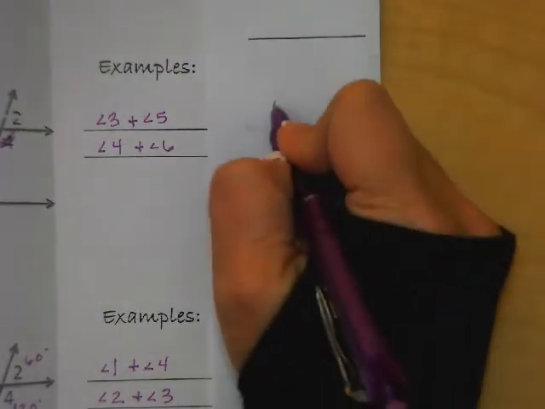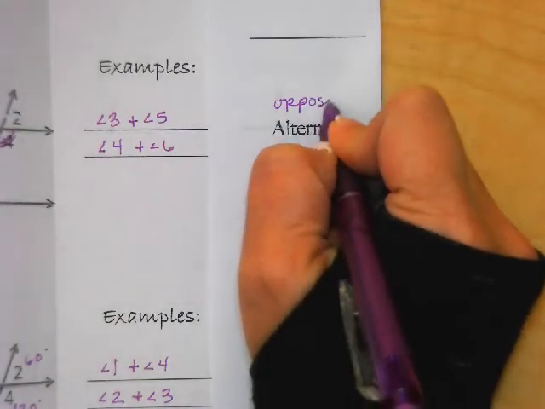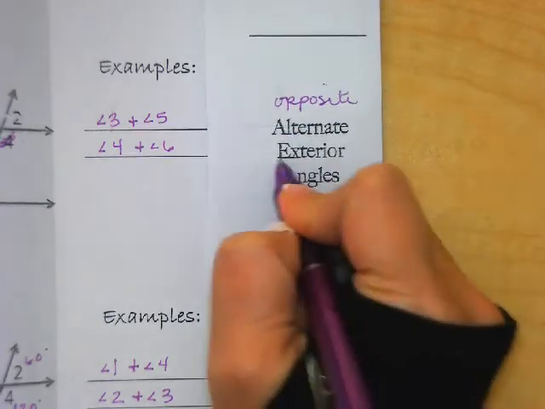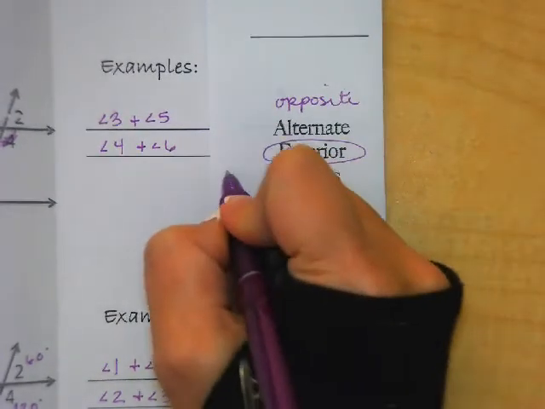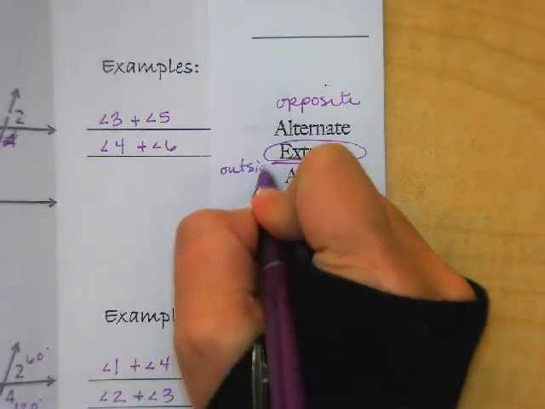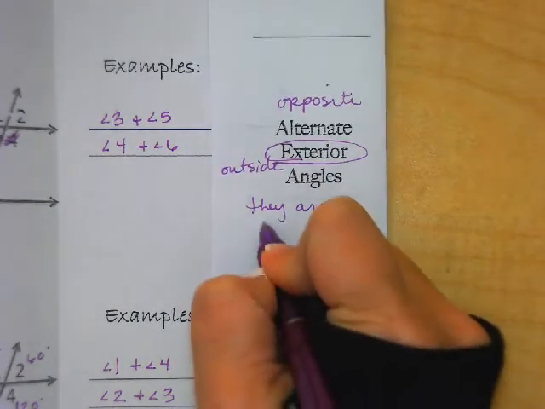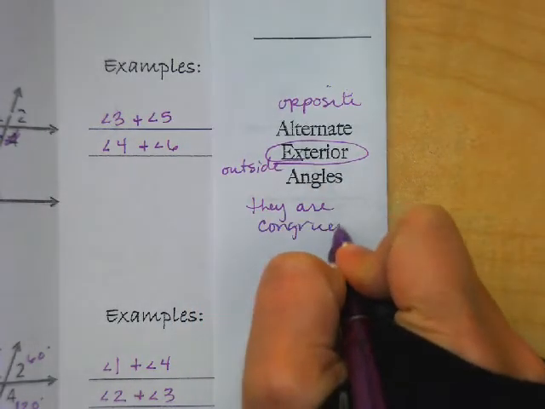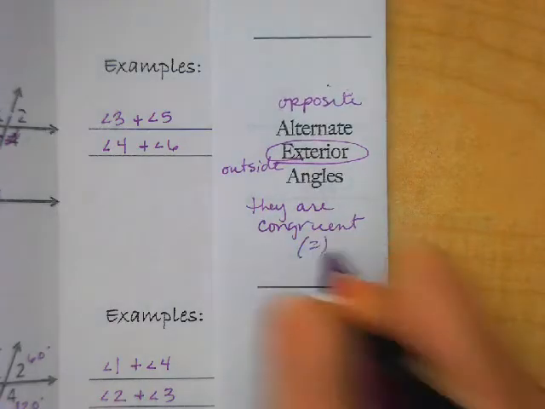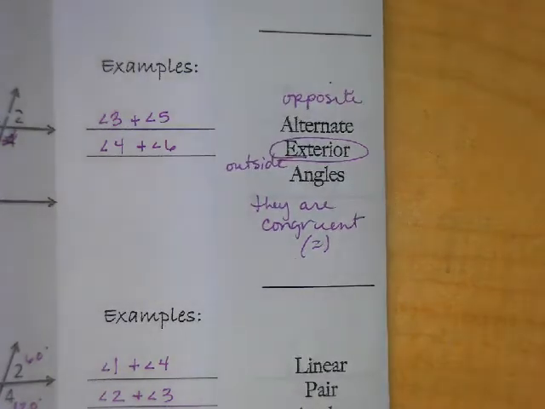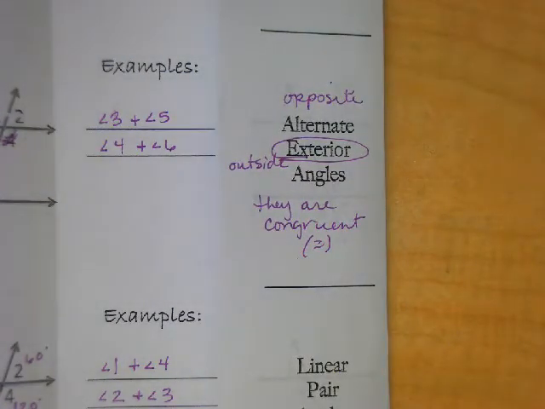Alternate, again, opposite side of the transversal, but this one is exterior, so this is outside of the parallel lines. These are also congruent or equal. So just like a minute ago, we were looking inside the parallel lines.